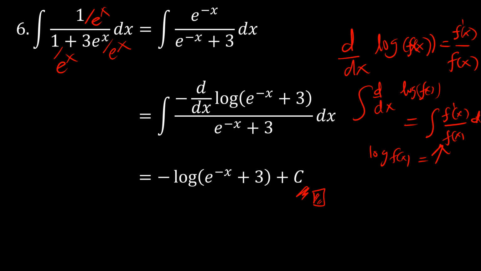Let's now jump to problem number 7, which is the definite integral from x equals pi over 4 to x equals pi over 3 of 1 over sine x to the power 3 cosine x to the power 5.